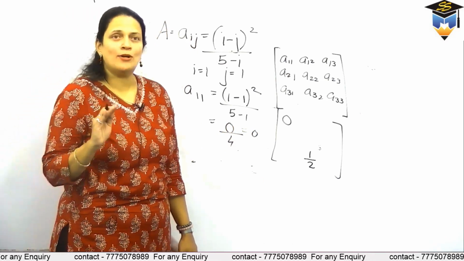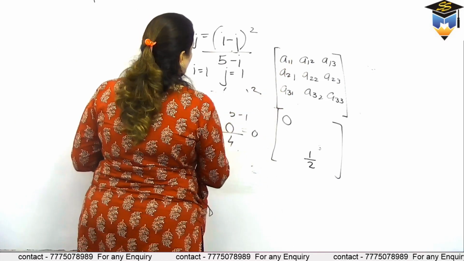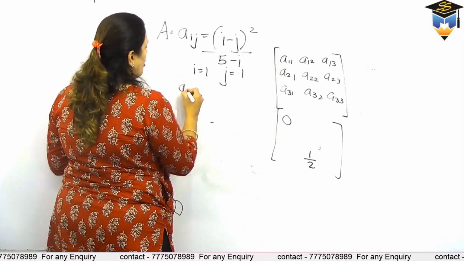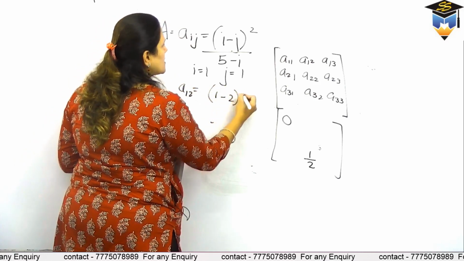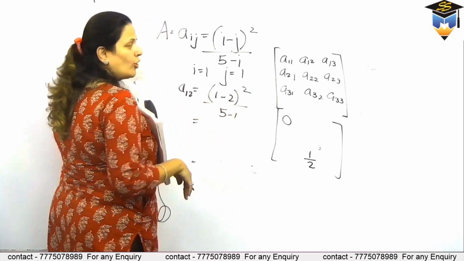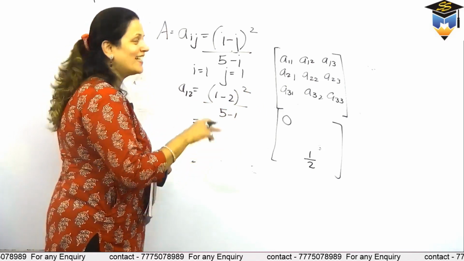Understood? Now let us substitute the next value to find out A12. So when we say A12, I am going to substitute it: A of 12 is going to be 1 minus 2 square upon 5 minus 1. So what answer are we going to get in this case? Yes, that's correct.